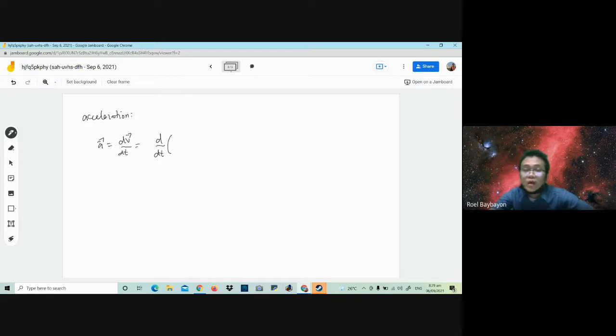V is equal to r dot er plus r theta dot e theta plus r phi dot sine theta e phi. Question: how many terms are there for acceleration? How many terms if I derive this function?